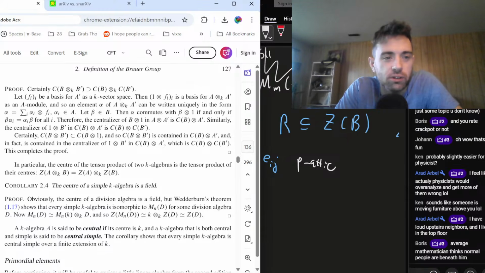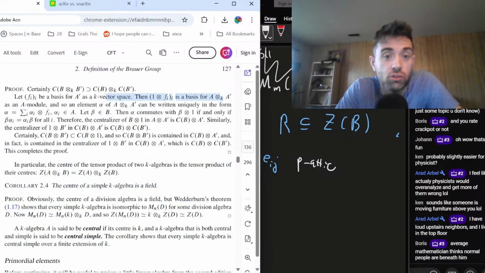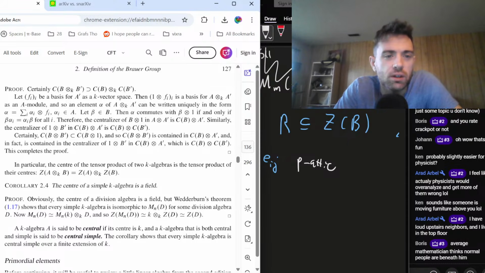Okay, let's go the other way around. So we got a basis for B prime, and this should be a basis for this as an A module. And so an element alpha can be written in this form. We take a random beta in B. Alpha commutes with this if and only if each of the alpha i's commute.